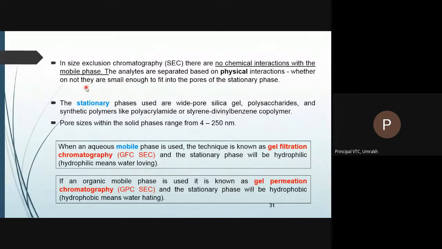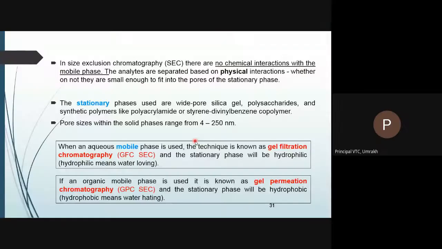Now, the stationary phase used in size exclusion chromatography is silica gel with wide pore size, polysaccharides, or synthetic polymers, for example polyacrylamide or styrene divinyl benzene copolymer. These can be used as a stationary phase.